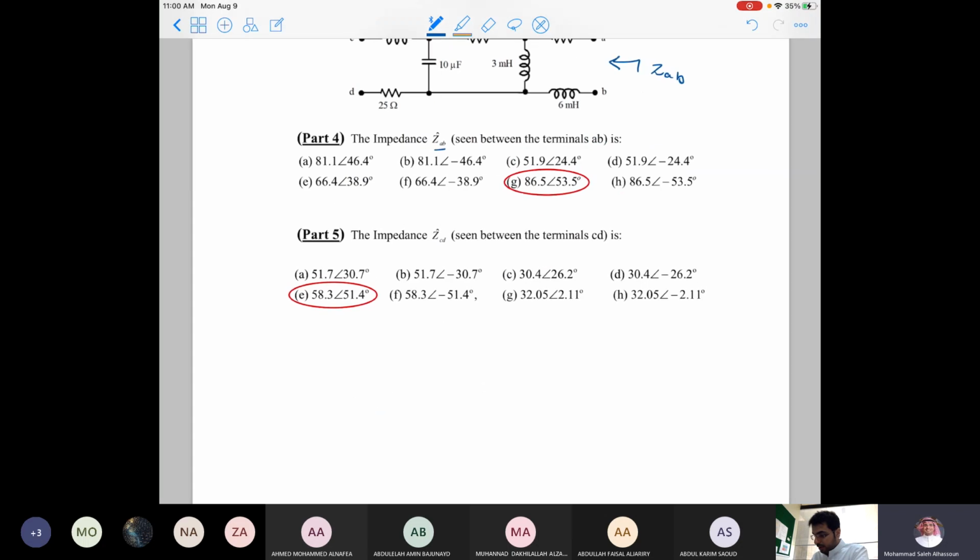So if I use the fact that ZL, and draw the circuit with this substitution, then I will end up with this. This is C.